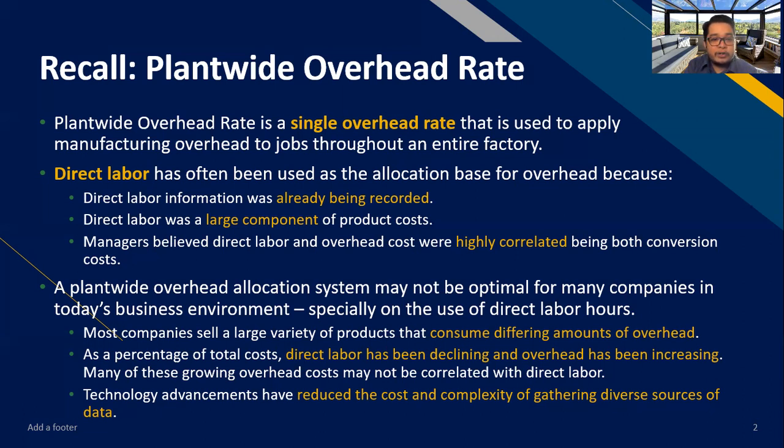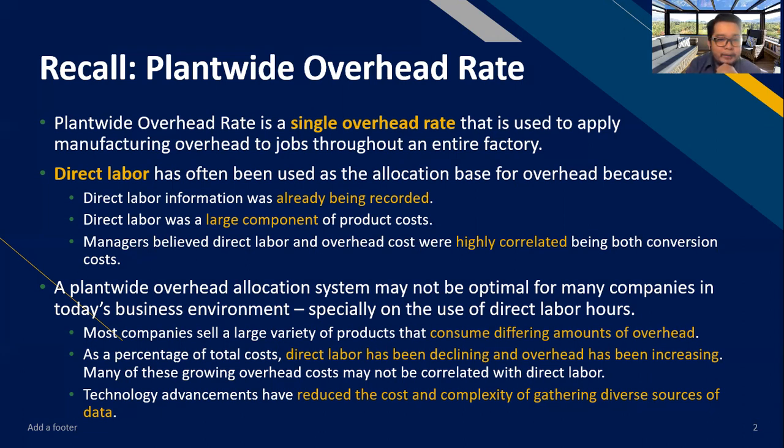And them being both conversion costs, the theory being that they are highly correlated in terms of the actual expenditure. Okay? However, one of the discussions that we had during job costing mentions that plant-wide overhead allocation systems may not be optimal for some companies.